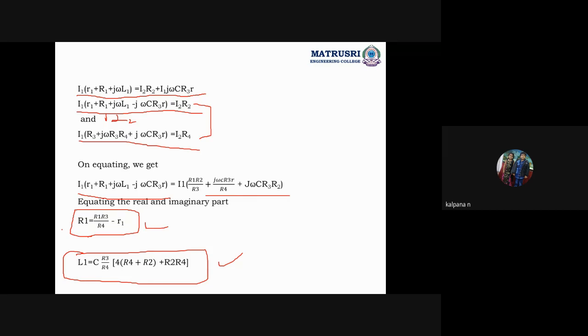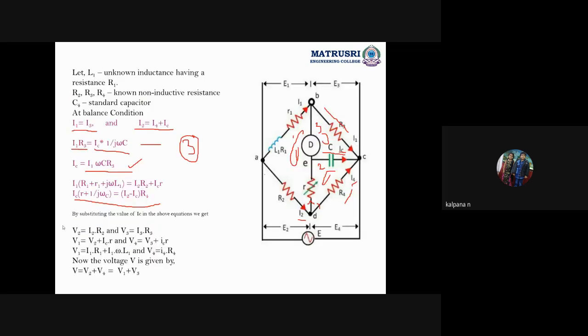Okay, how we got the derivation? Once again I'll tell. Here in the bridge forms the three loops. First loop is this one. In order to make the current flowing through the detector equal to 0, we can form three equations. One equation is what? Voltage drop across AB is equal to voltage drop across AD plus voltage drop across DE.